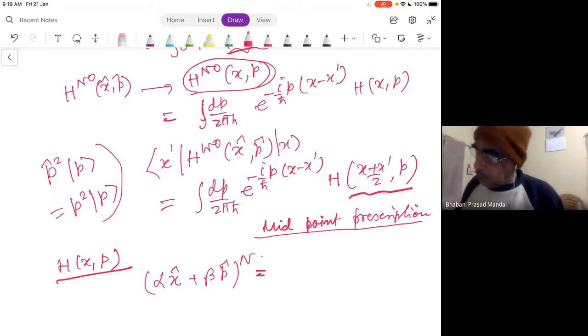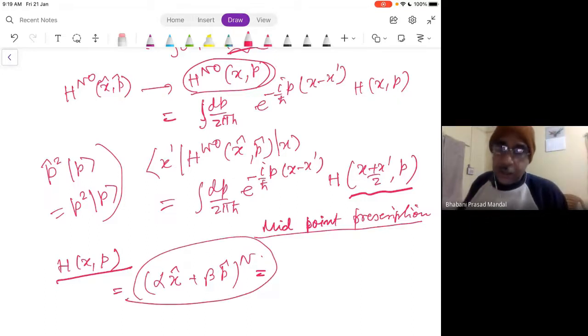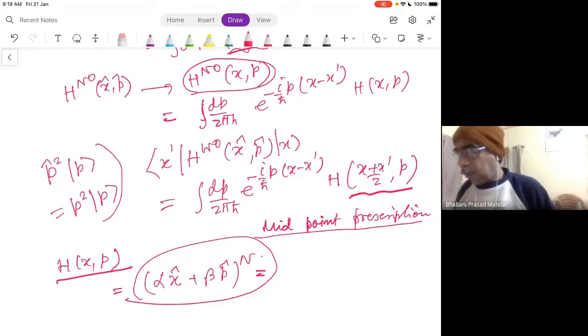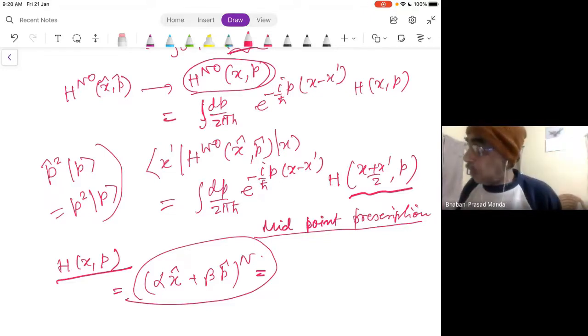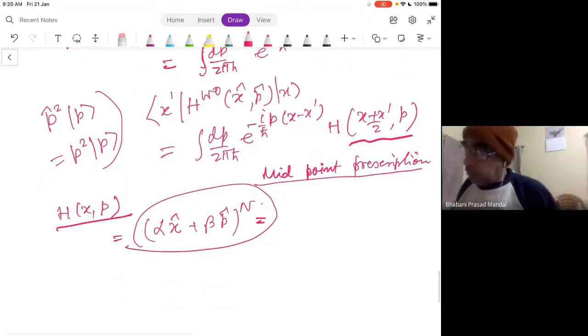For example, if it is a harmonic oscillator, you have x square term and p square term. If you have a linear term, then p square term and this. So the most general Hamiltonian can be of this form. If we know how to handle this, then we know how to handle any Hamiltonian. Of course, exponential and other possibilities are there, but exponential you can always write in terms of linear terms and this. So basically, we need to know how to handle this term in Weyl ordering.